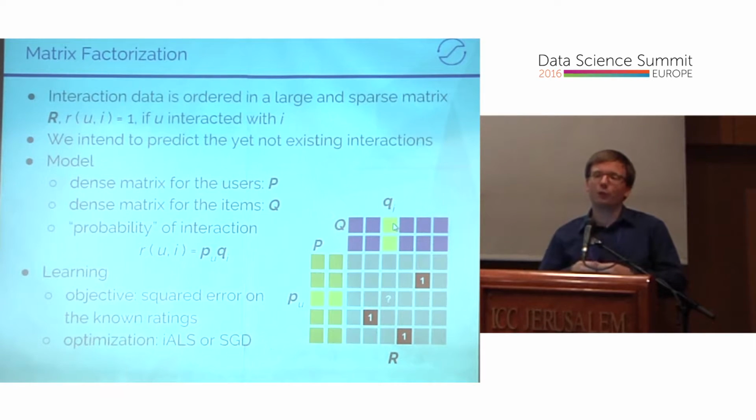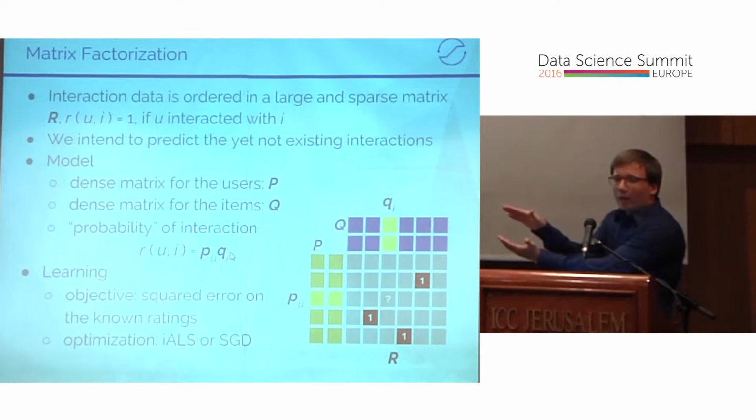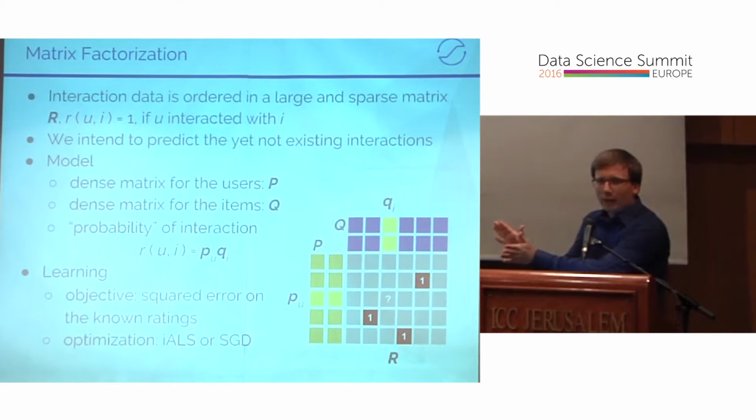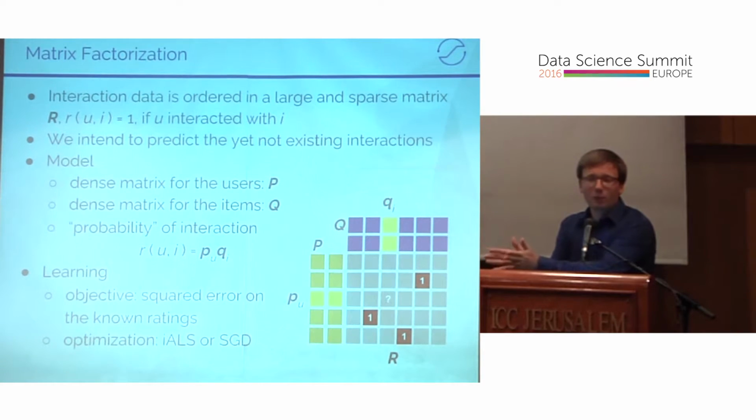If you want to predict the future likelihood of how likely this item and user are going to interact in the future, in your model, you simply compute the scalar product of these vectors. This is noted here, okay? If these vectors have the same direction, then this probability is high. If these vectors have completely different directions, then this probability is going to be low.